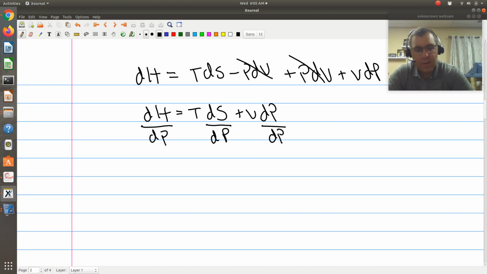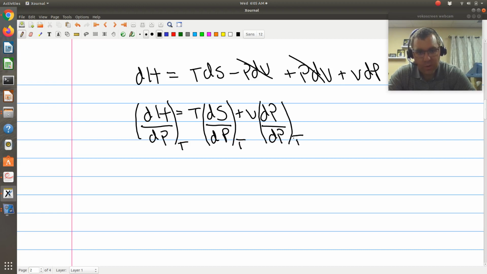Then since I can only differentiate with respect to a single variable at a time, I need to hold a second variable constant. In this case, we're going to hold T constant. Why? Because what I'm interested in is an expression for dH/dP at constant T. Now that I'm differentiating with respect to one variable while holding the other constant, these become curly d's.